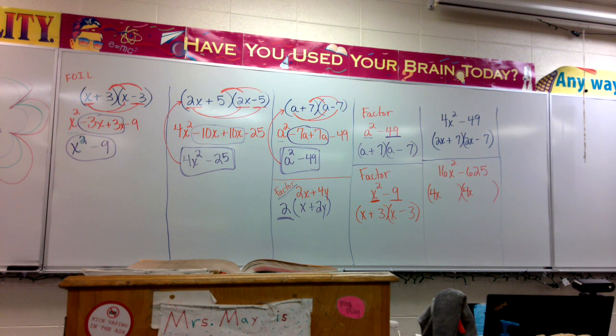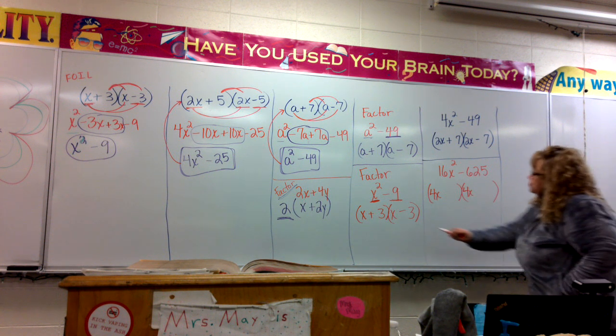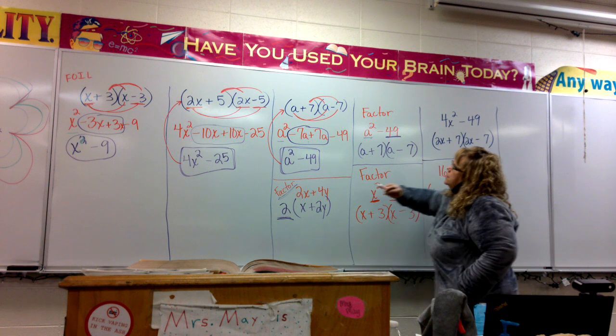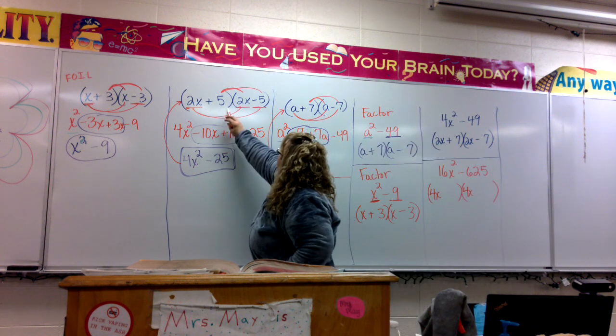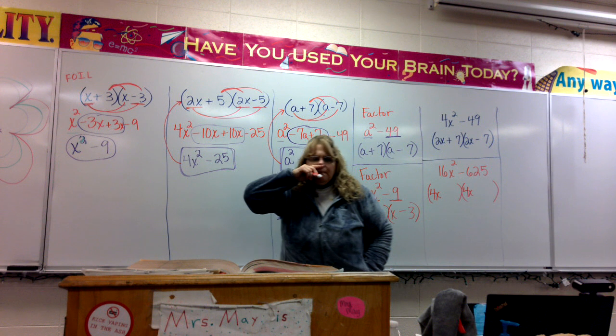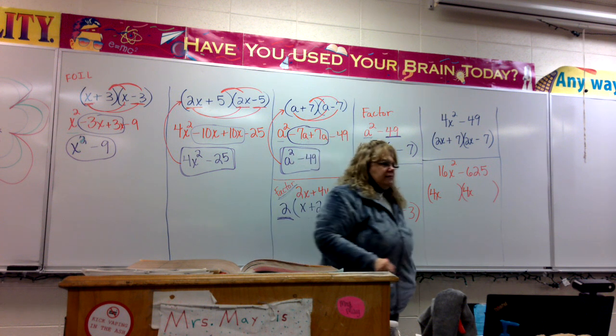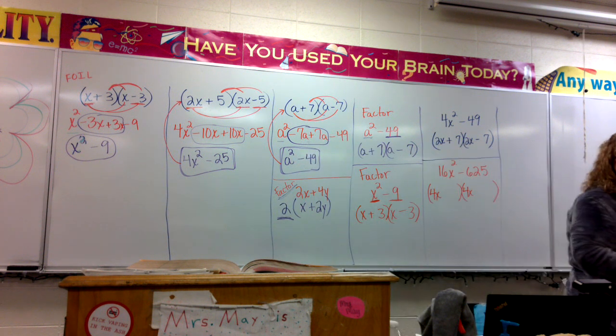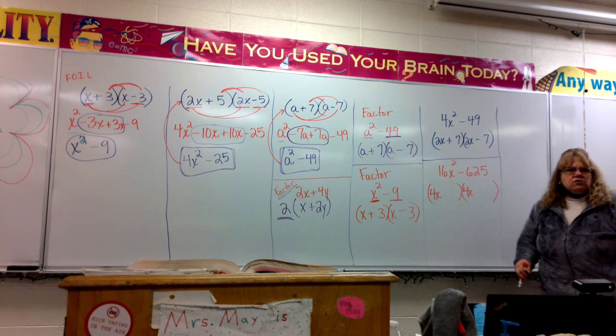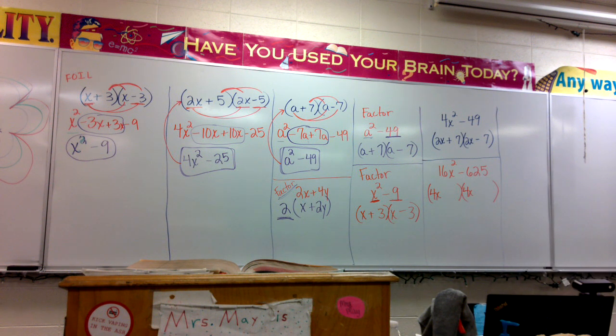What times itself is 625? What times what? But it's got to be times itself. It's got to be a number times itself, and it's got to be bigger than 20 because 20 times 20 is 400.